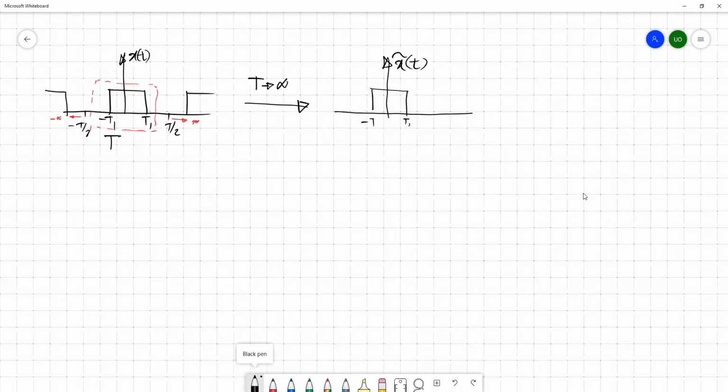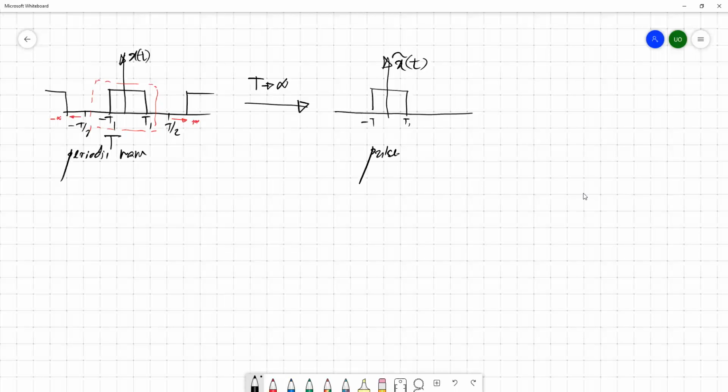By letting T be at infinity, this periodic waveform converts into a pulse. So this is the simple impact when you let the period of the function be at infinity.